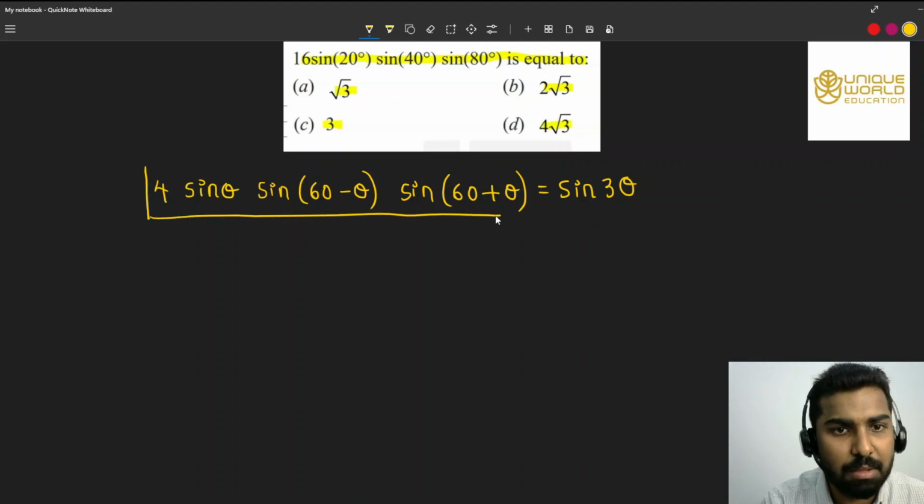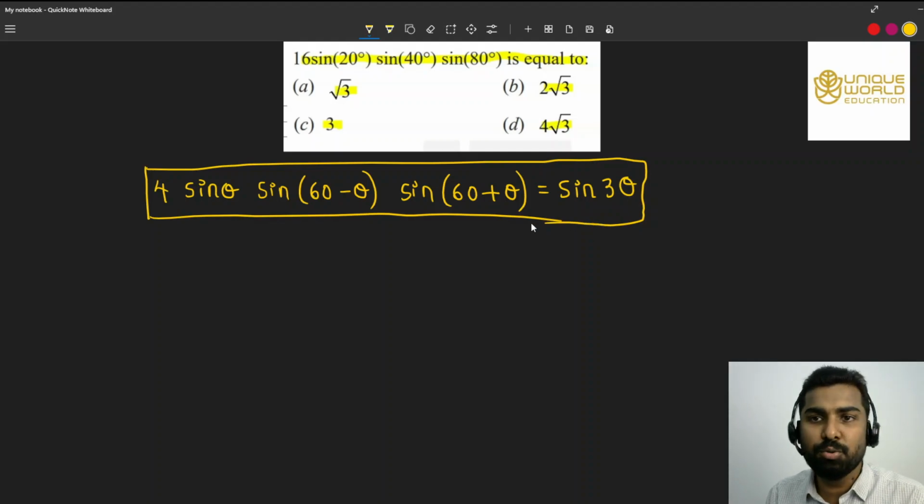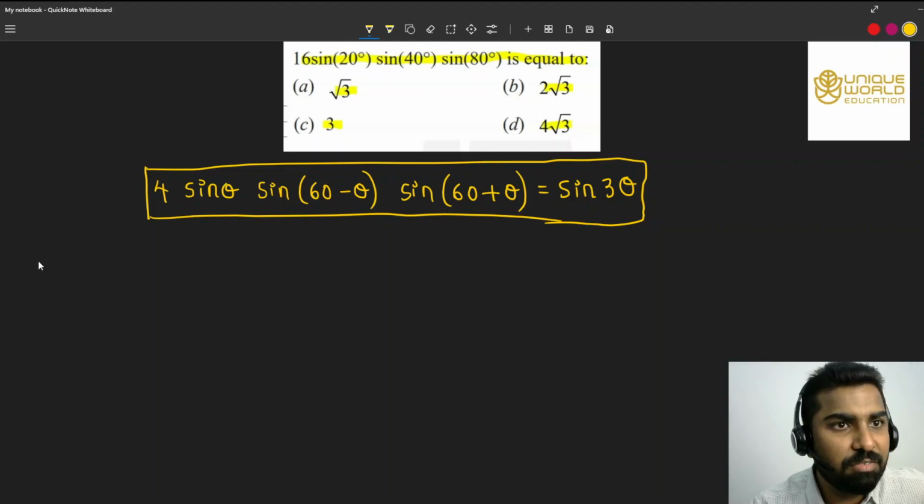It is for JEE Mains, and this question is repeating multiple times. So 4 into sine theta into sine 60 minus theta into sine 60 plus theta is equivalent to sine 3 theta. Now if you observe this question, it is given 16 into sine 20 into sine 40 into sine 80 degrees, right?